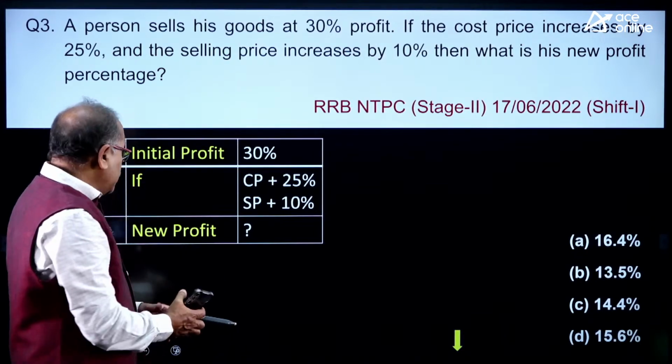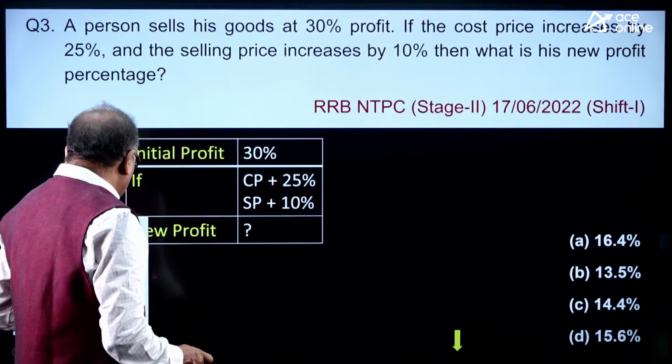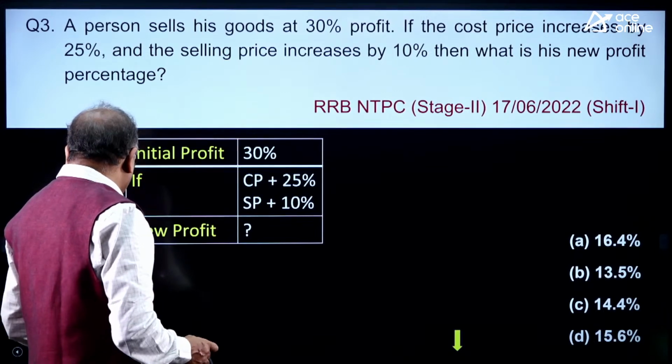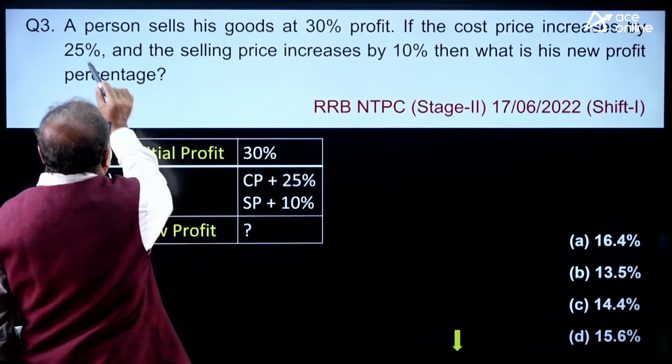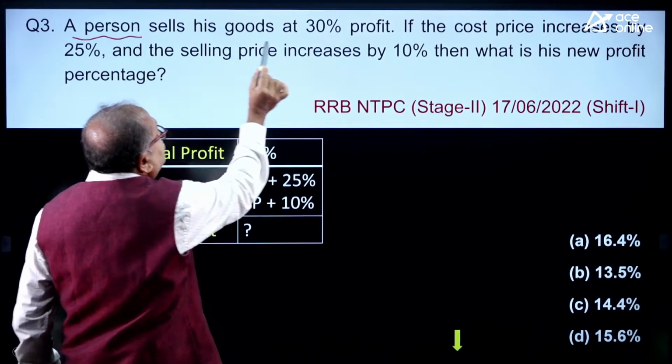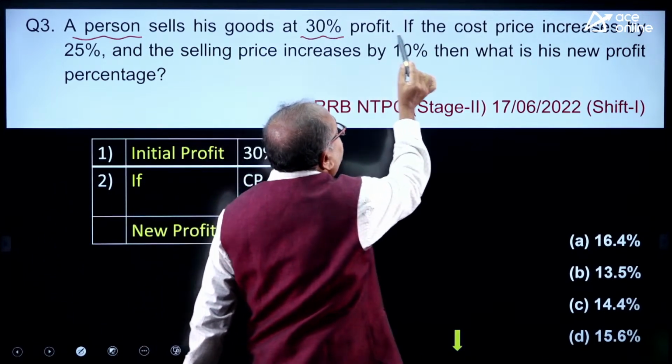What is this question, my dear friends? Look at this one. What information do we have? A person sells his goods at 30% profit.